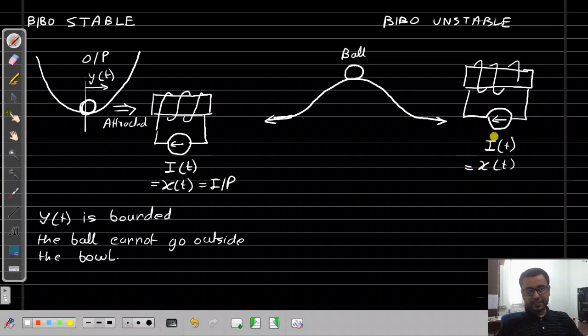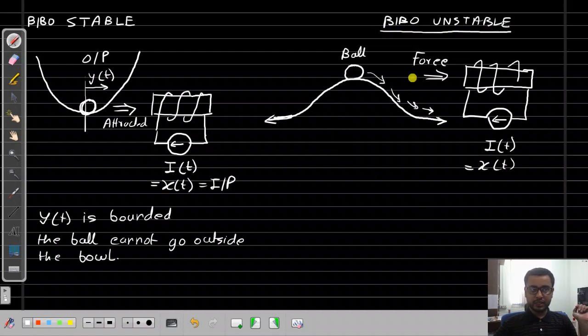Now you notice that even if I give a very slight amount of current, so the input is bounded, that will cause an attraction force enough to drag this ball to the right, and once it comes here, it will keep falling forever until it hits something else. So there is no bound on the output. This is called an unstable, BIBO unstable system.